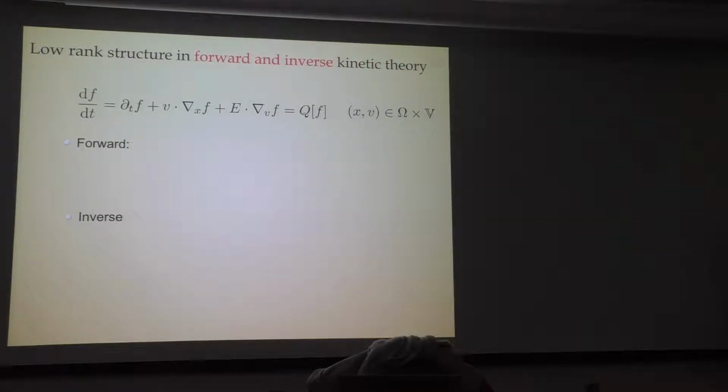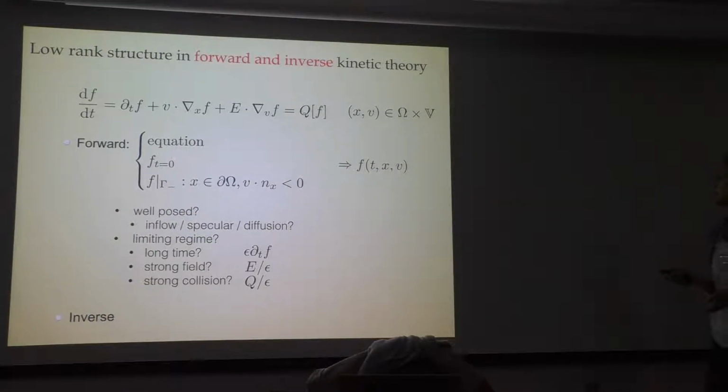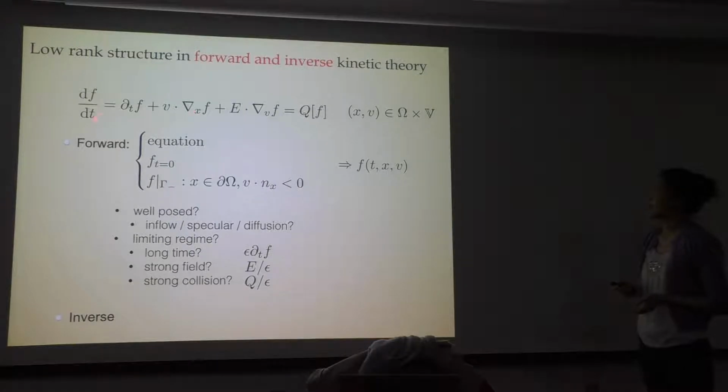All right, so that's kinetic theory. So what do I do for kinetic theory? I work on both the forward problem and the inverse problem. Let me explain what I mean by forward and inverse. Forward is straightforward. I write down this equation, and I tell you everything inside this equation. I tell you what the electric field is, and I tell you how particles interact with each other, the collision operator.